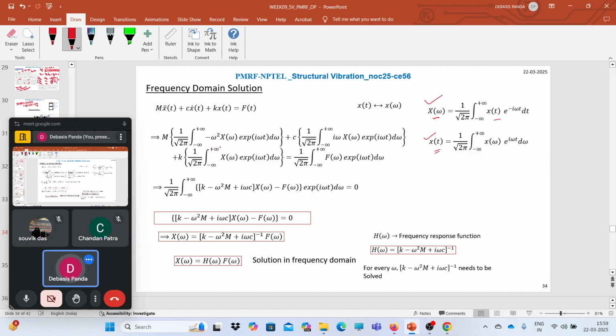Now how can we convert this equation to the frequency domain? We have the equation of motion, m x double dot plus c x dot plus k x equals f t. Now we know the x t relation, so we substitute all these things here.